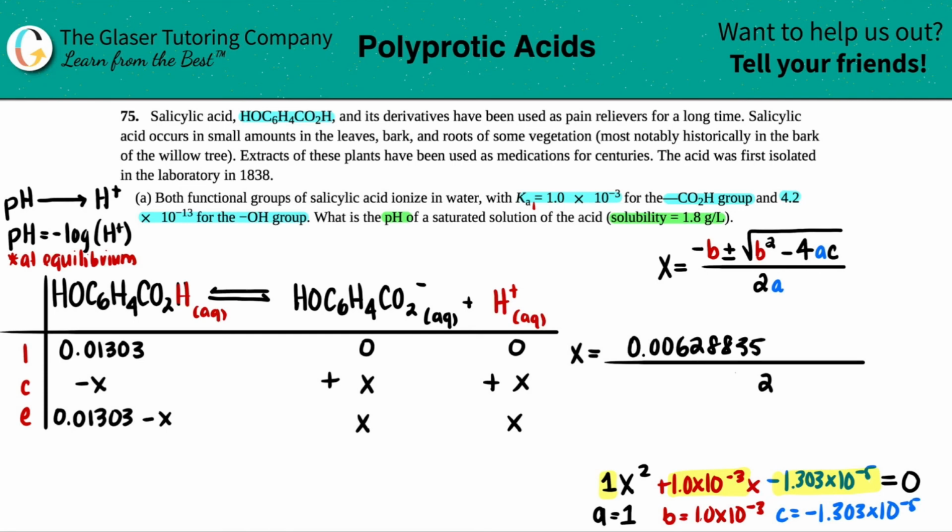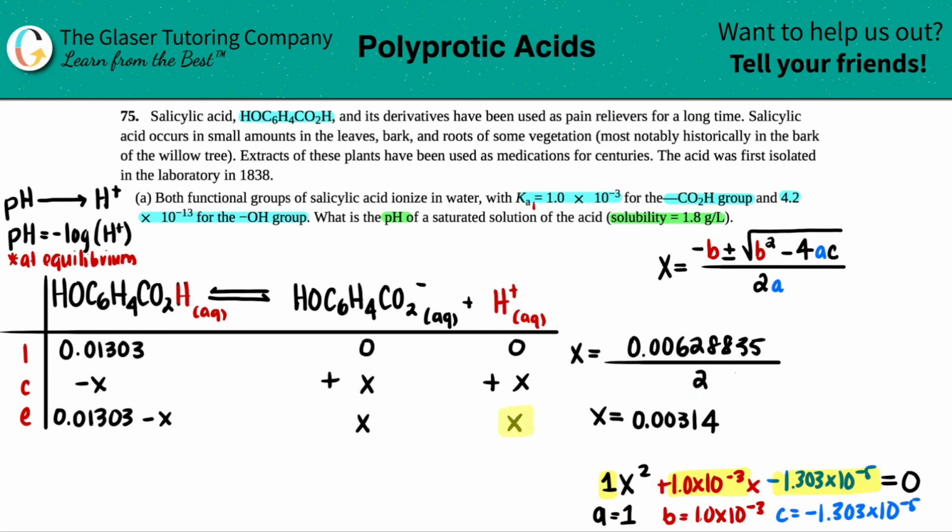And now we're just going to take that and divide it by 2, and that's our x value. So x equals, we'll say 0.00314. Okay. So maybe I'll just make this a little bit nicer.